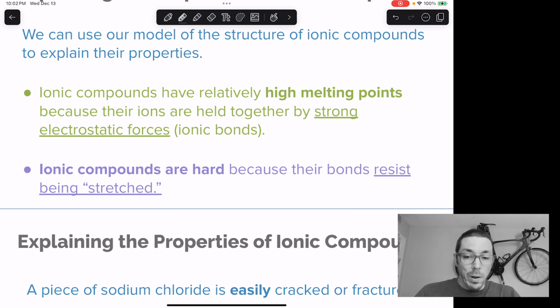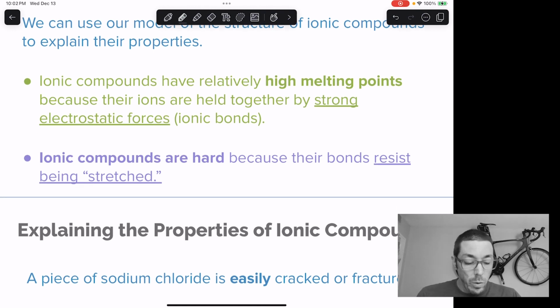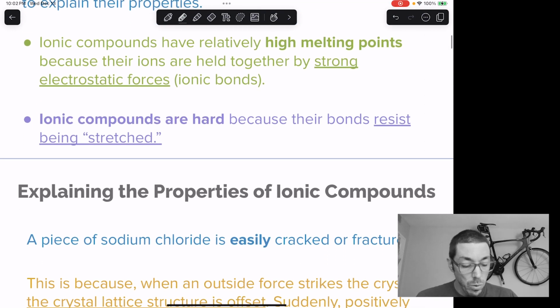Imagine trying to form this into a different shape. It would be almost impossible because all the magnets are held together so strongly. So it's the same idea. It's very hard to change the shape of ionic compounds.